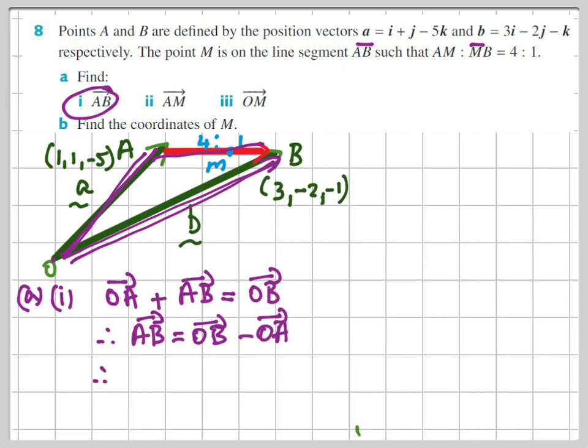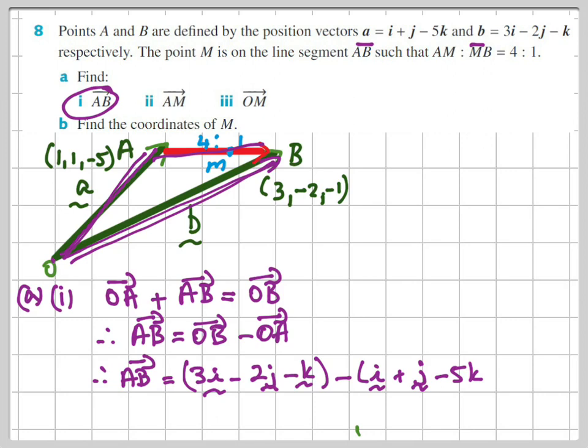So therefore AB is equal to, what's it equal to? Well, OB is 3i minus 2j minus k, and from that we are going to subtract OA, which is i plus j minus 5k.